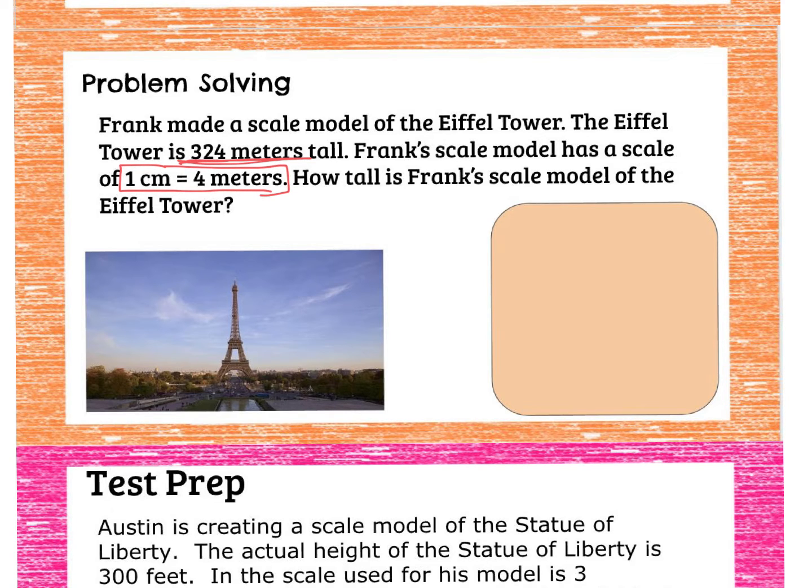So we're gonna use this piece as the ratio, 1 centimeter to 4 meters. And we have 324 meters for the Eiffel Tower. So we're gonna write it in meters, so this is in meters, so 324. And I'm looking for the scale model, so it's gonna be X, and you can cross multiply and divide.